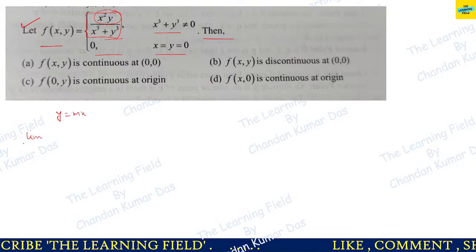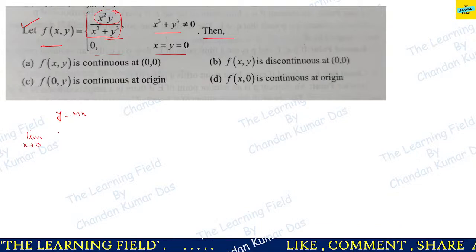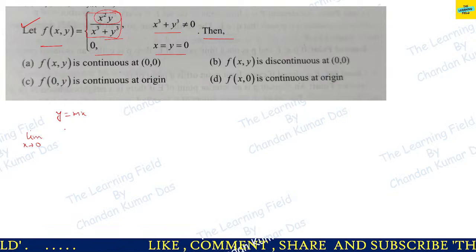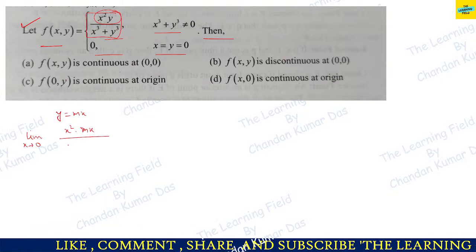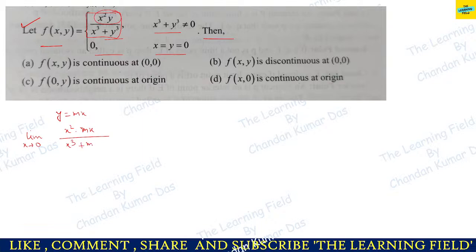Putting y equal to mx, the limit as x tends to 0 is x squared into mx by x cube plus m cube x cube.